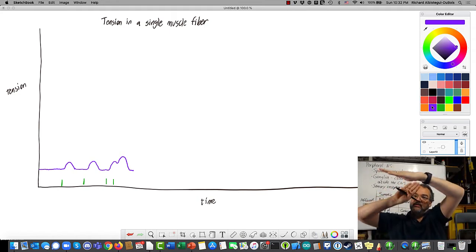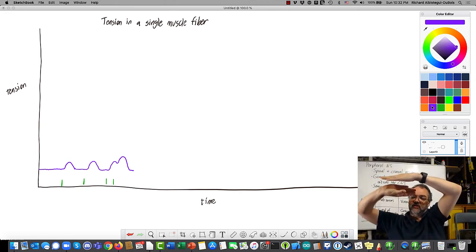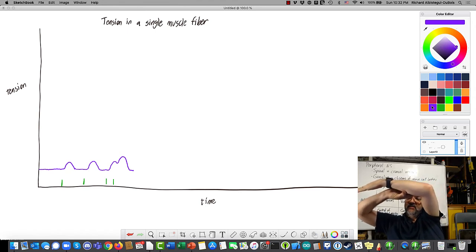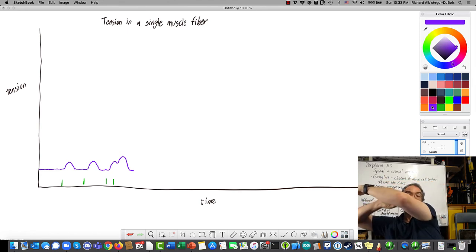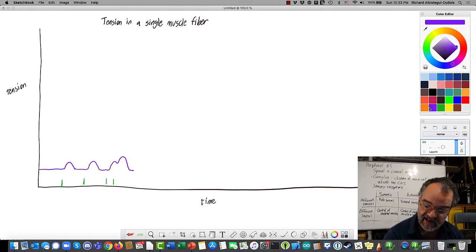So imagine this is my thin filament. Here's our starting position. We did 1, 2, 3, and then the tropomyosin blocked us, so we started to pull back, and then the next wave of calcium hit. We got our second twitch, and notice we don't start from where we started. We start here. 1, 2, 3. We were able to build up more force because we didn't go back to the starting position. So our second twitch added on to the first.